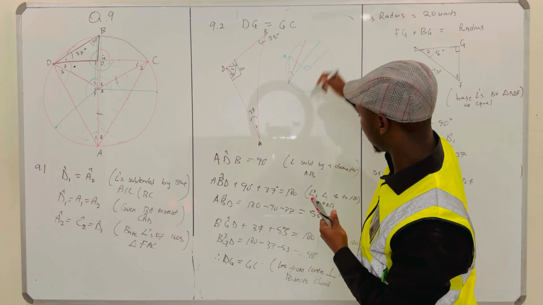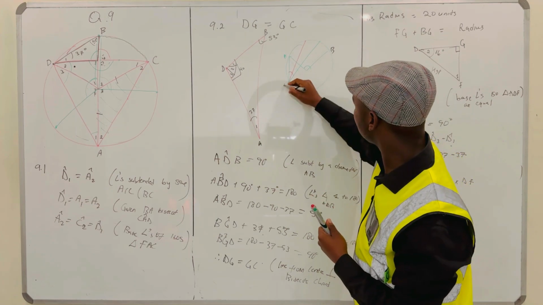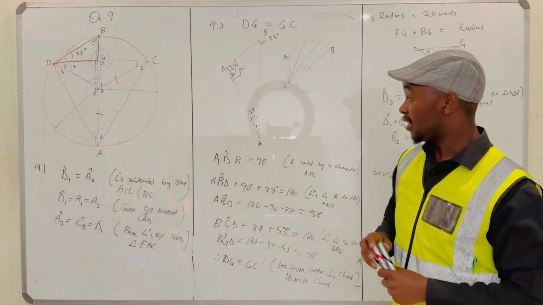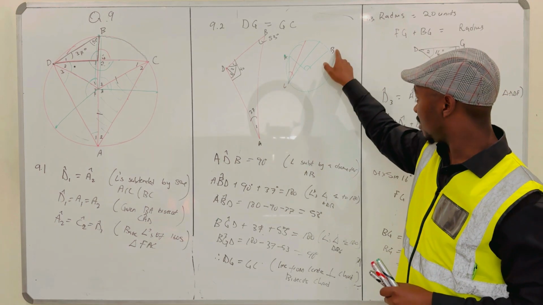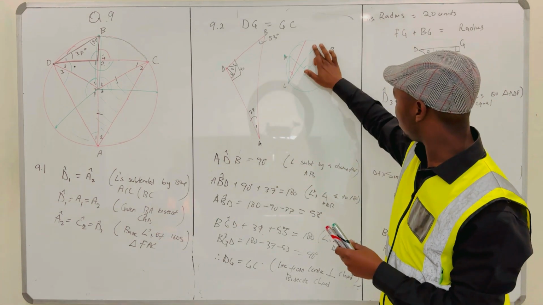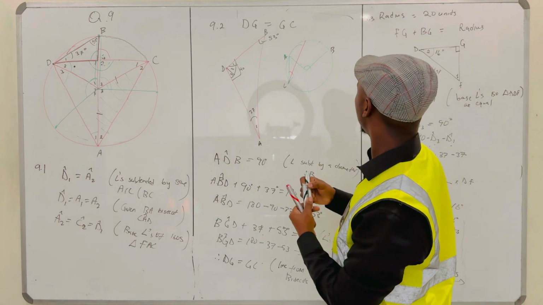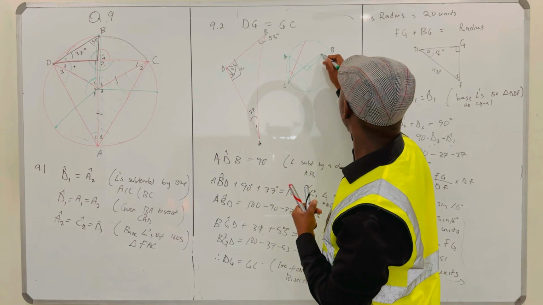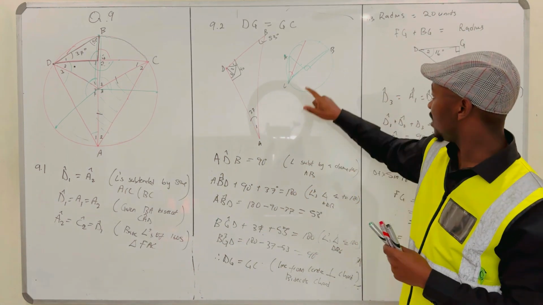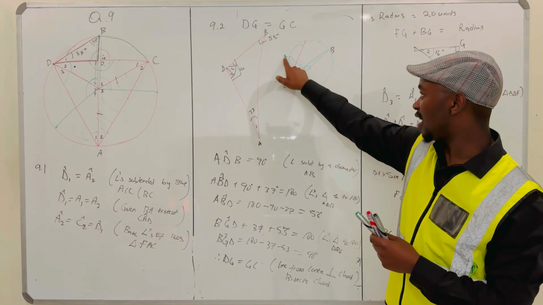So this is A, B, C. Am I right to say that angle AOB is twice the angle ACB? I drew this badly. Let's say it connects there. Do we see that? Is it fair to say that the angle AOB is twice the angle ACB?